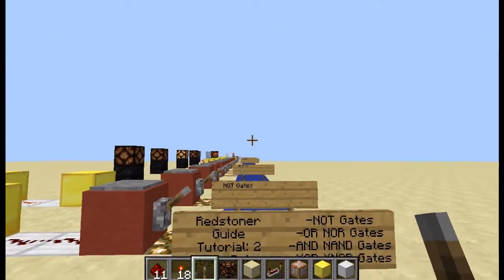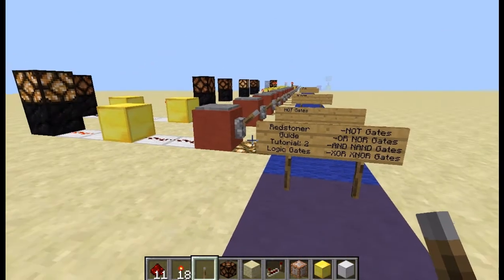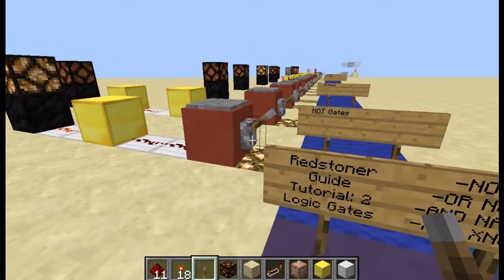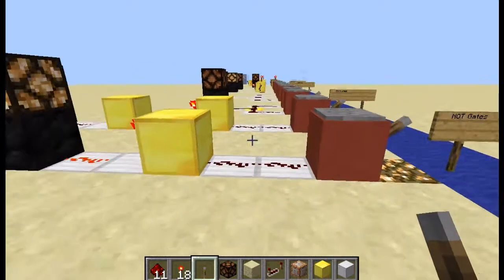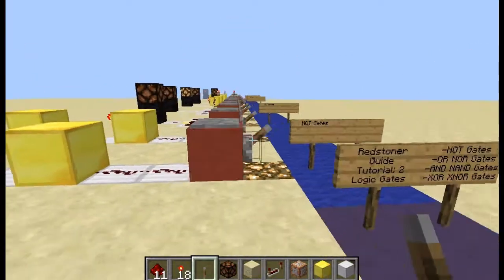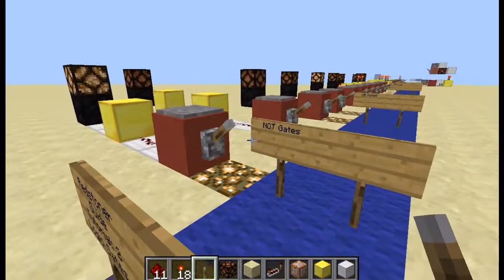This section is called logic gates. And what logic gates are in Redstone is they're basically the electrical engineering names we give to certain things. So basically, we have certain inputs. Say this lever is an input, it's going to give us certain outputs, and the outputs are going to be black, of course. And if you remember, gates are gold, so you're going to see a lot of gold everywhere.